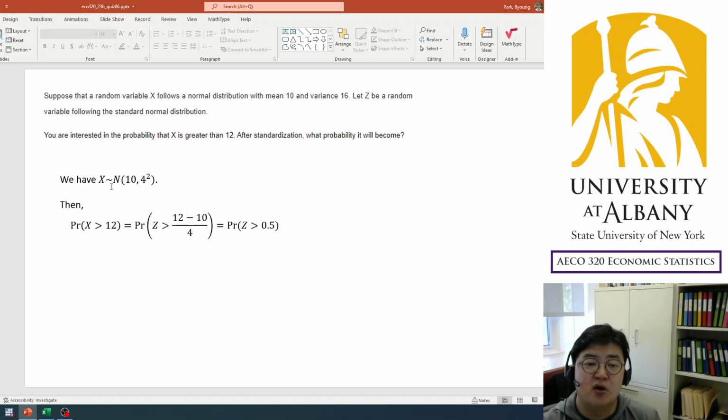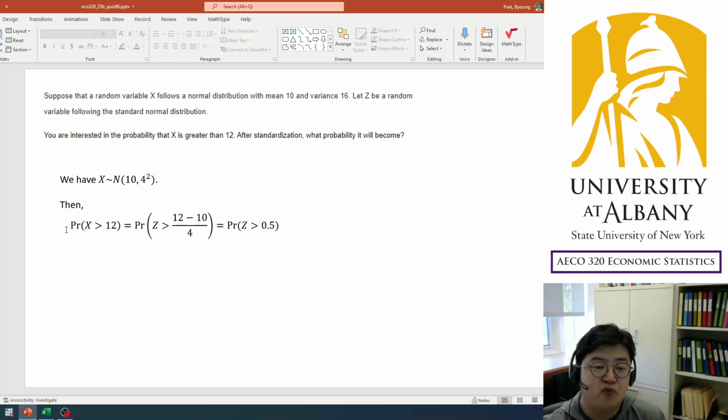Pretty straightforward. We know X is a normal distribution with mean 10 and variance 16. But for standardization, you need the standard deviation instead of variance. So I would write it this way: instead of 16, I will write 4 squared. And then just follow the standardization step.